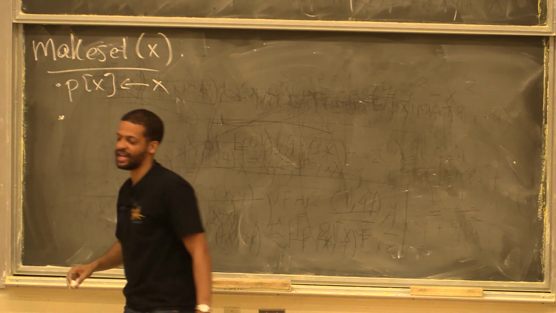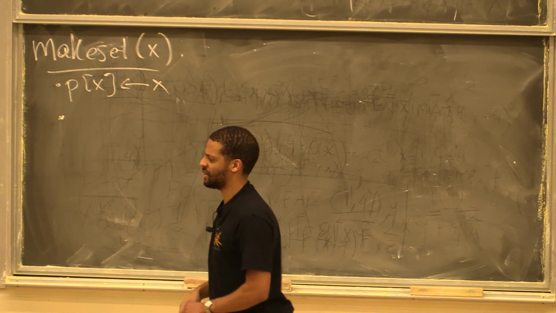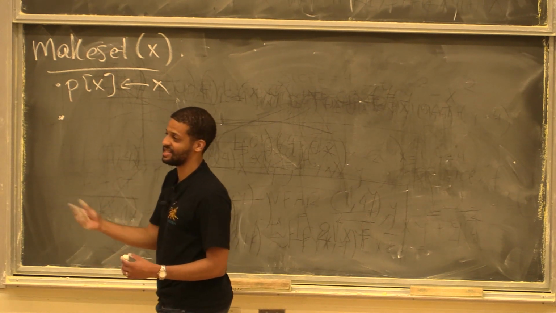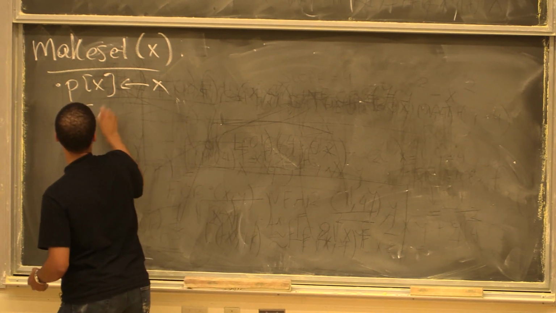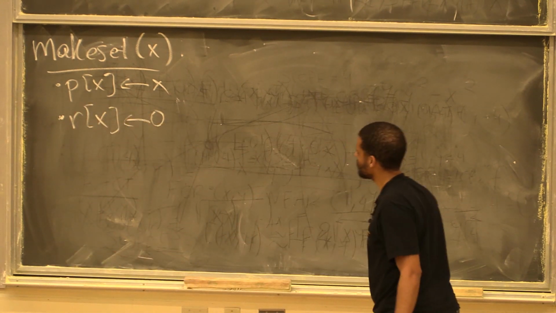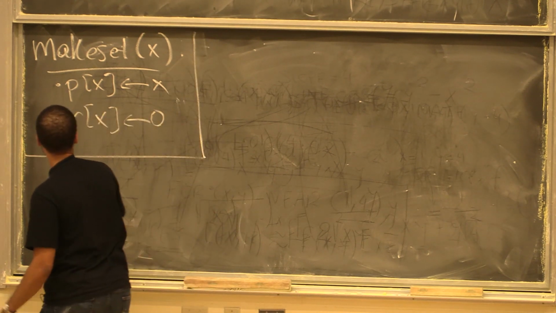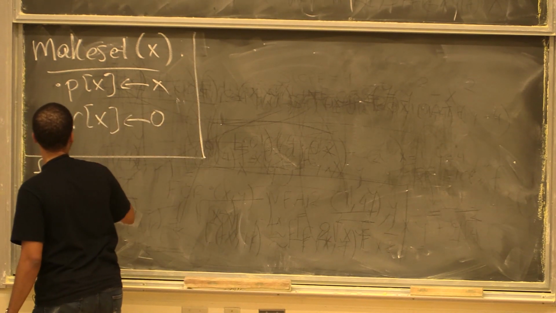Remember what rank is. Rank is what would the height of the tree be if there were no path compression. This is just a tree with one node, so its height is 0. So the rank of x is 0. Okay, that makes that. Let's do find.